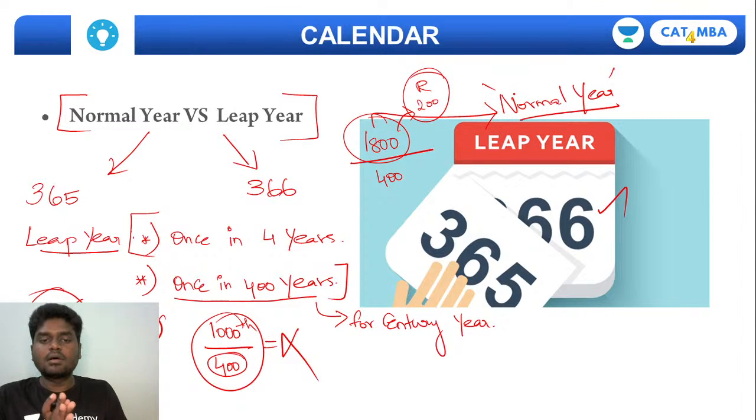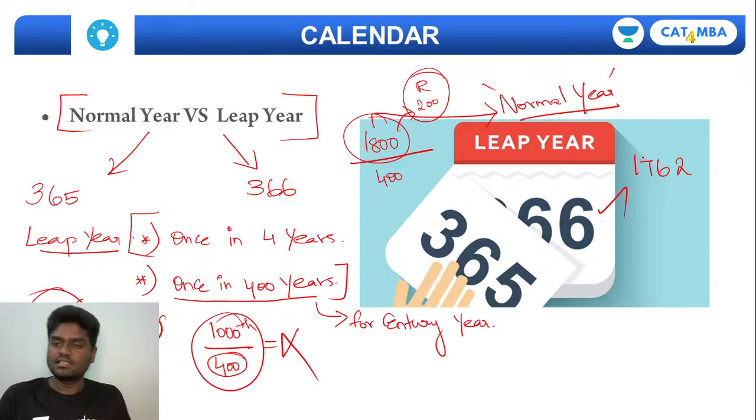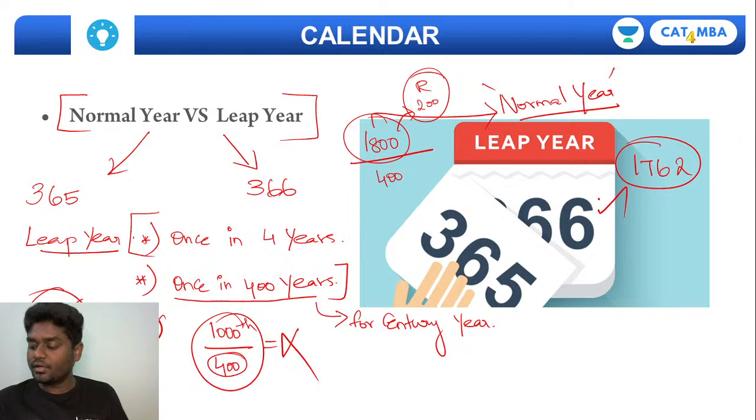So always remember, if I ask you about a normal year, that means if it is not a century year, let's say I ask you about a year something like 1762. Listen carefully, guys. If this is one random year I give you, and I ask you to find whether that year is actually a leap year or not, how to do that?